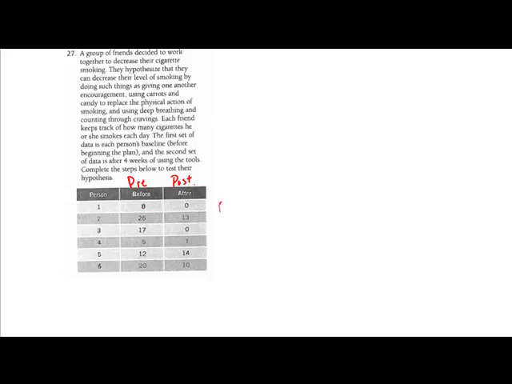The difference here is 8 for this person. 25 minus 13, that's 12. 17 minus 0 is 17. 5 minus 1 is 4. 12 minus 4, that's a negative 2. And then finally 20 minus 10.